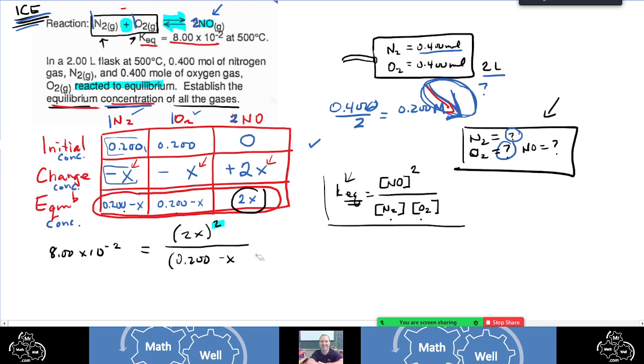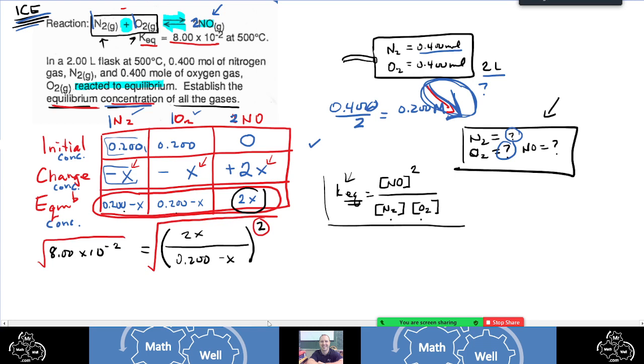This actually can be written like this. It can be written as this whole thing squared, top squared, bottom squared. It can be written like that, which means that, in order to get rid of this squared, we do the opposite operation, or we take the square root, and what we do to one side, we have to do to the other side.